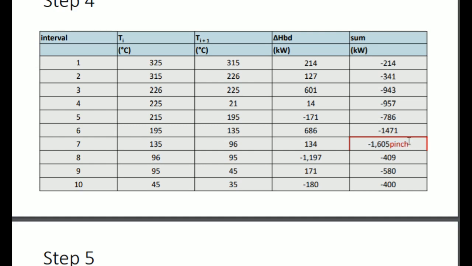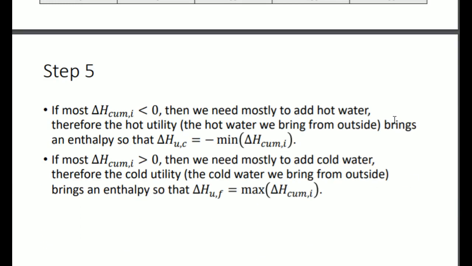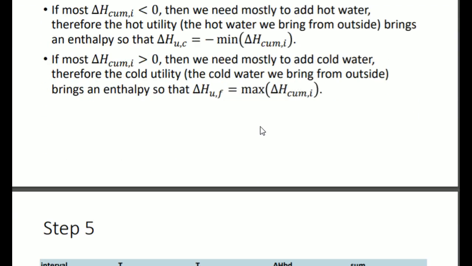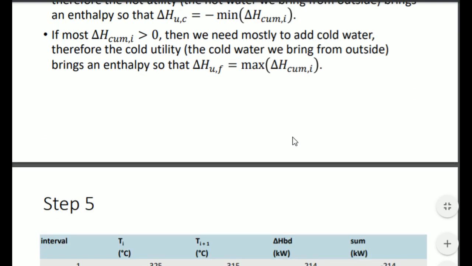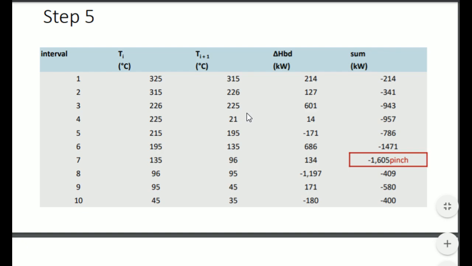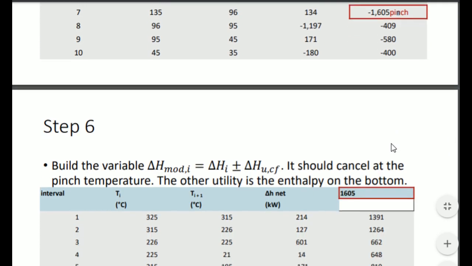So what we will do is shift all this column by adding the opposite of this. So we'll do plus 1605 kilowatts. That's what I explained. We shift it again with a certain enthalpy. So we've identified the pinch, which is the absolute maximum.